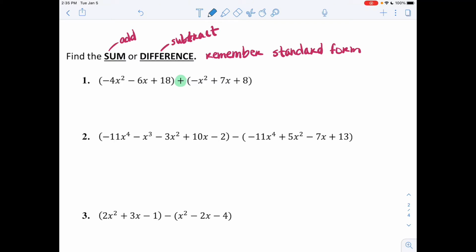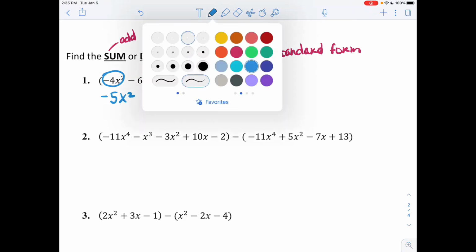So I see that I have a negative 4x squared here, and that's my biggest exponent, a squared. The other squared term is a negative x squared. So I want to combine those two into a negative 4 and a negative 1 is going to give me a negative 5x squared.